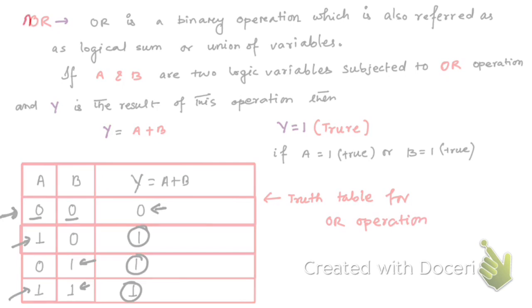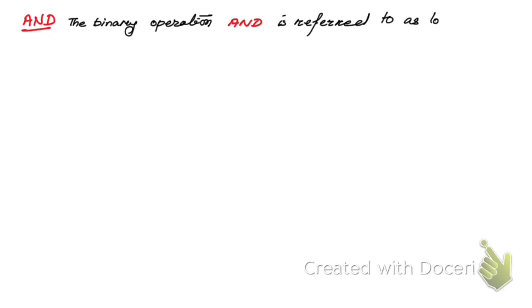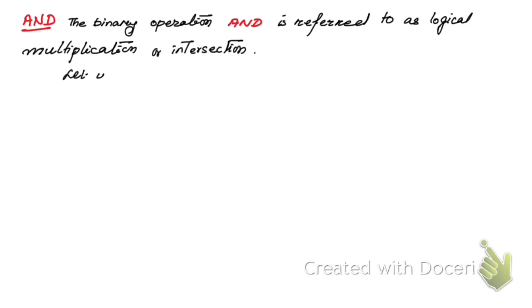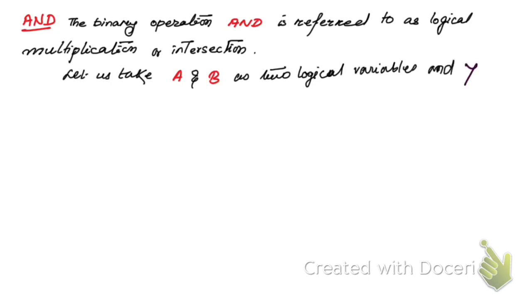Now let us discuss the AND operation. This is a binary operation, referred to as logical multiplication, or you can say a product, or intersection. Let us consider two variables a and b as two logic variables, and y is their output.